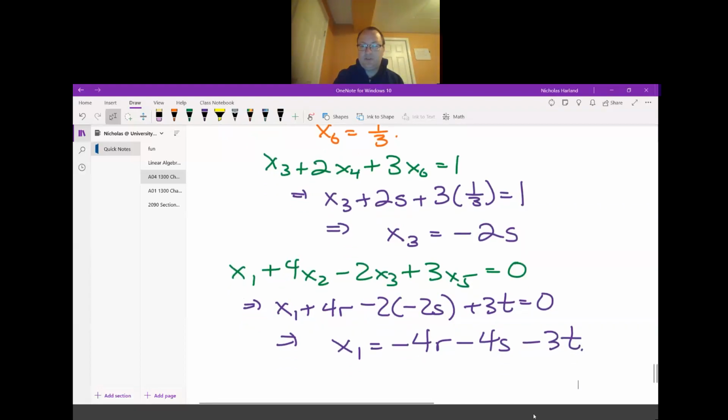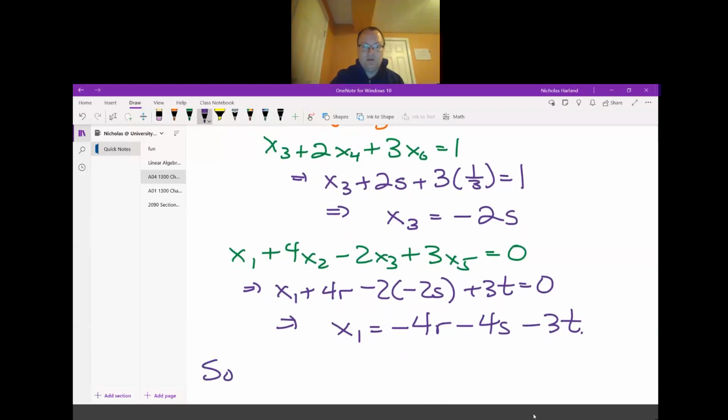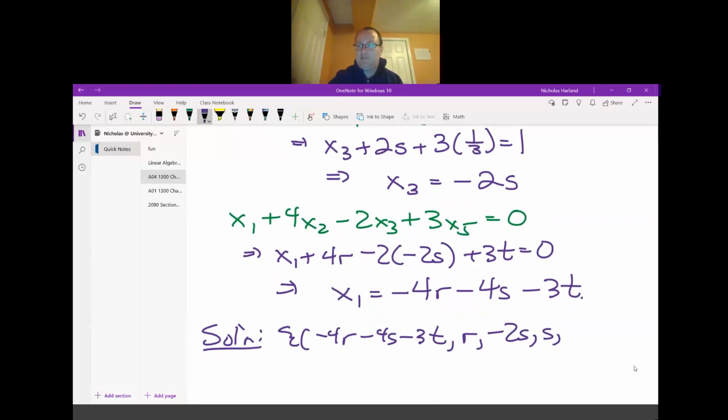Right. So put that whole thing together, and we get our solution: x1 is -4r minus 4s minus 3t, x2 is r, x3 is minus 2s, x4 is s, x5 is t, and x6 is 1/3.